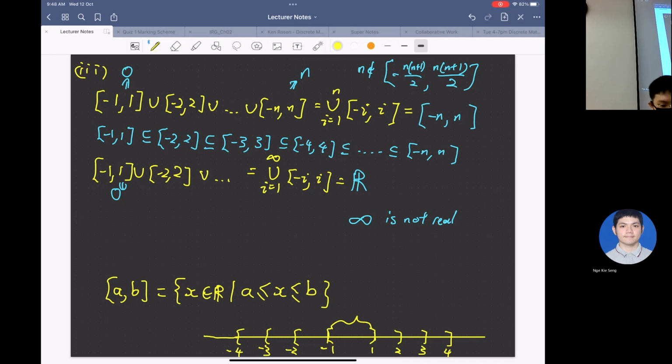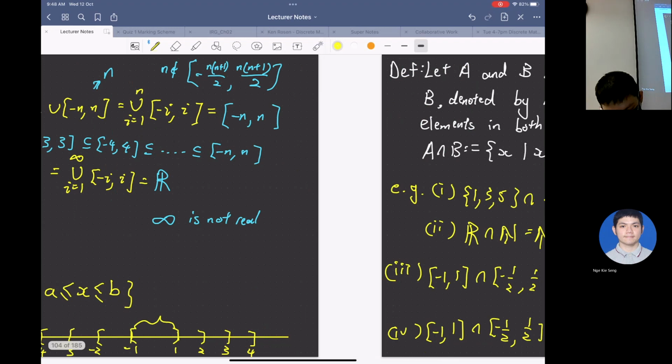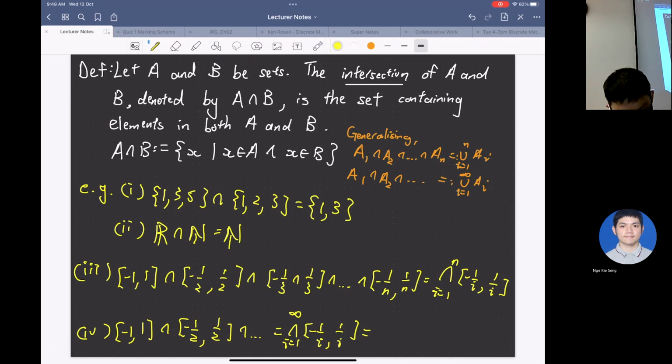But can I see the latest slide? This one. Okay, this is intersection, right? Yeah, intersection. This one wrong.